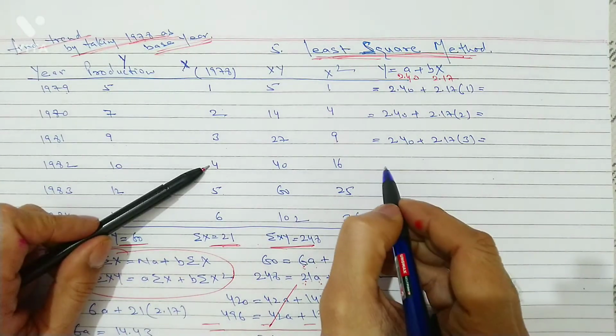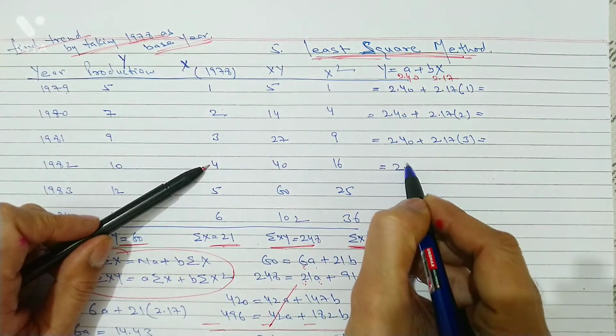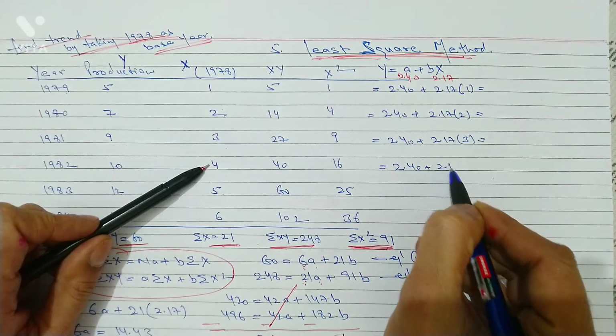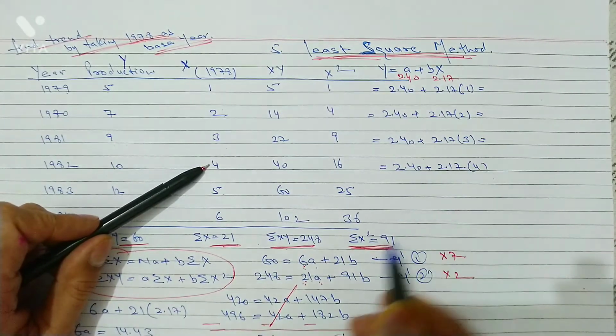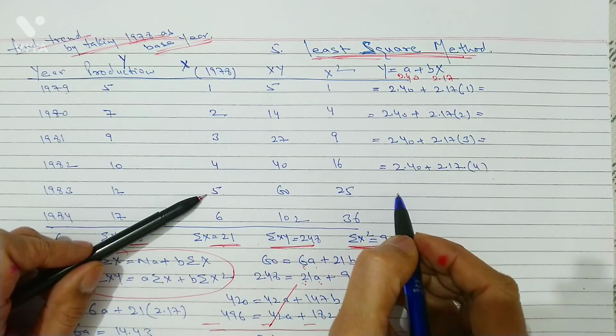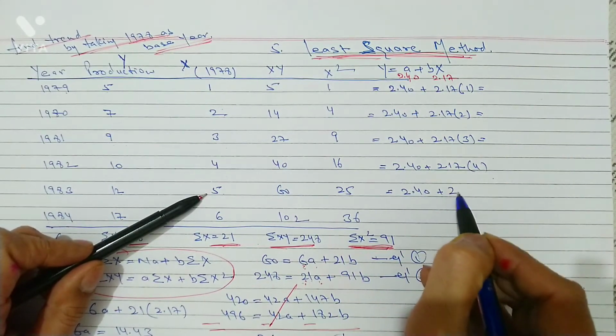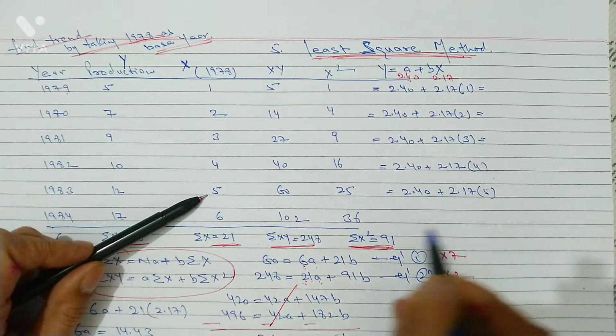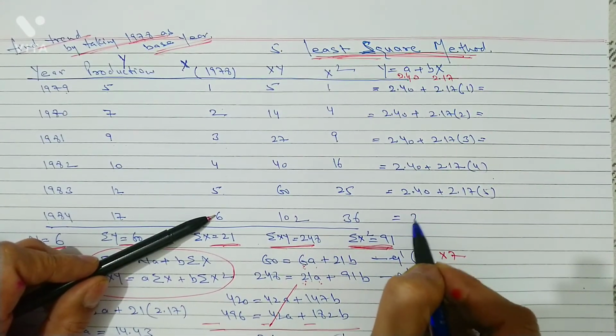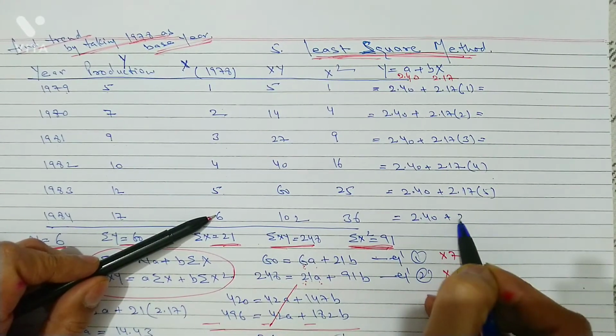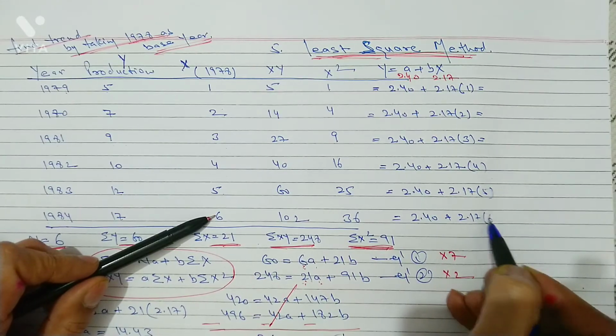For this value, 2.40 plus 2.17 into 4. For this value, 2.40 plus 2.17 into 5. For this value, 2.40 plus 2.17 into 6.